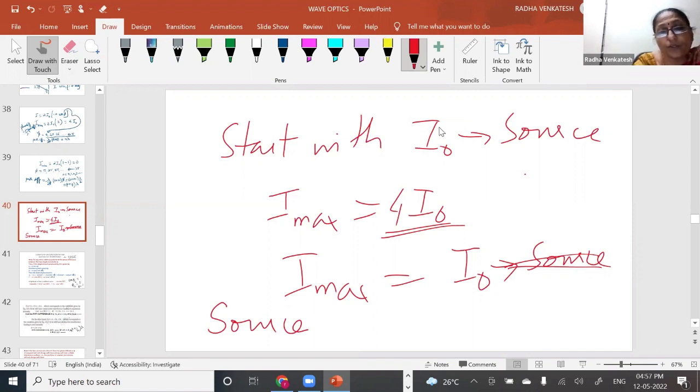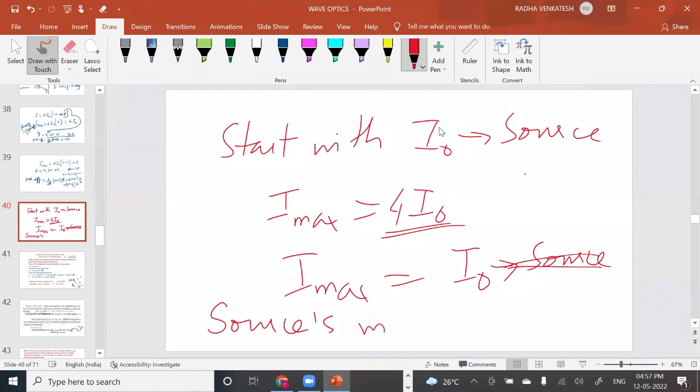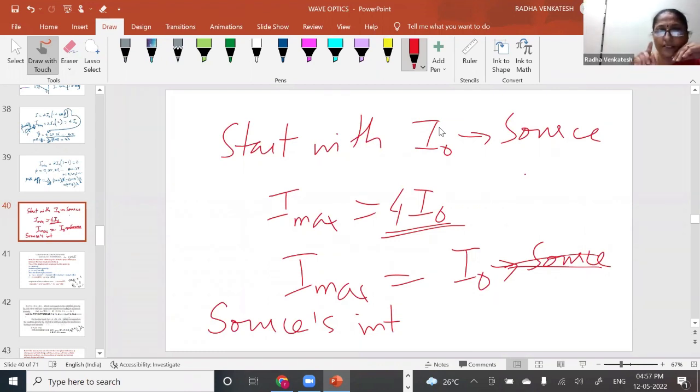I naught by 4. Remember that. Do you understand? Okay, because that's a very important point that we remember while solving such questions.